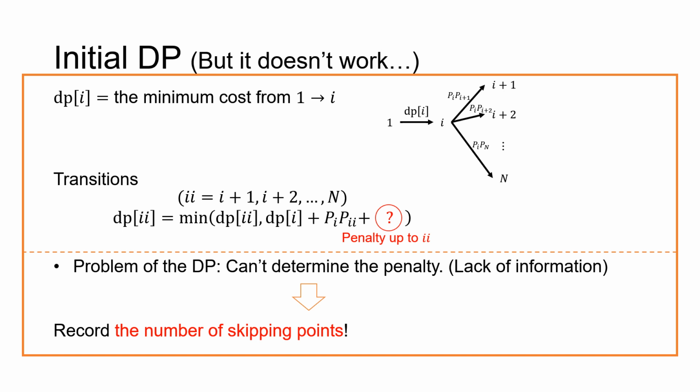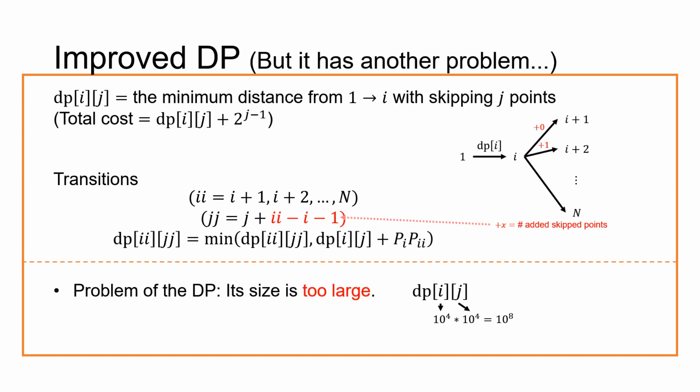Therefore, we need to improve dp to record the number of skipping points. We redefine dp of i and j as the minimum distance from 1 to i with skipping j points. Be careful that it's not the minimum cost, but just the minimum distance. The total cost from 1 to i is computed as dp of i and j plus 2 raised to the power of j minus 1.